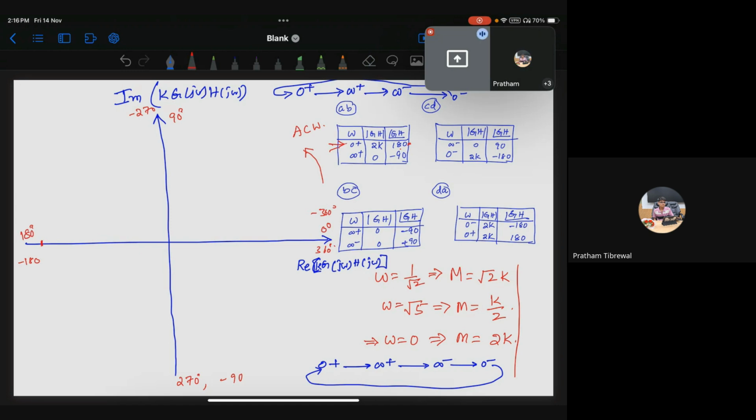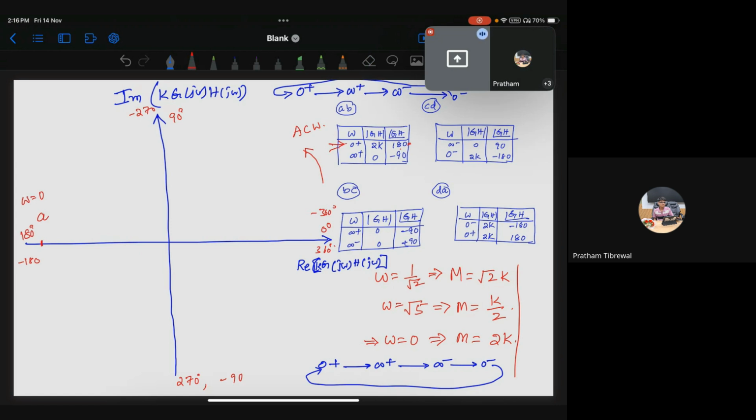When omega is equal to 0 plus, 180. So that's where your point A starts, from the 180 side onwards. Next, B.